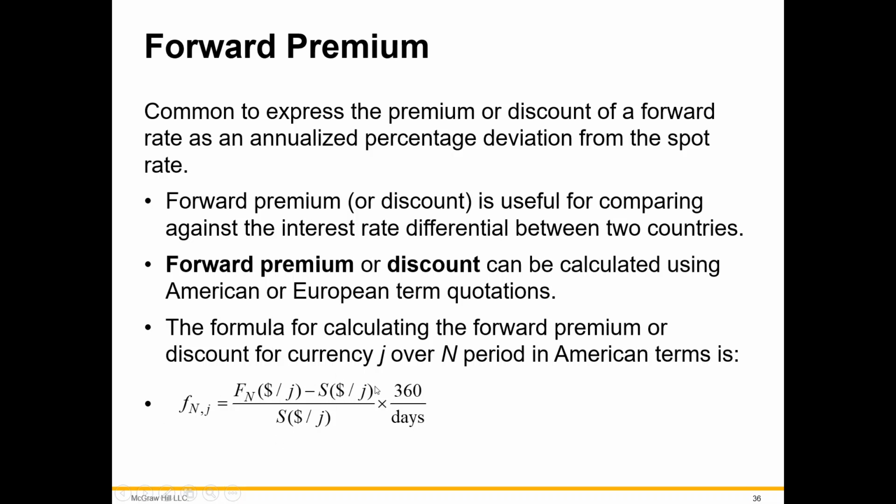So that's informative in the sense that you can see how much more expensive one currency is forward relative to today. And obviously that's useful from a trading perspective in that if the forward is trading at a 2% premium over 6 months, and that is significantly larger than the interest differential over that period, then that could be suggestive that something's out of whack.